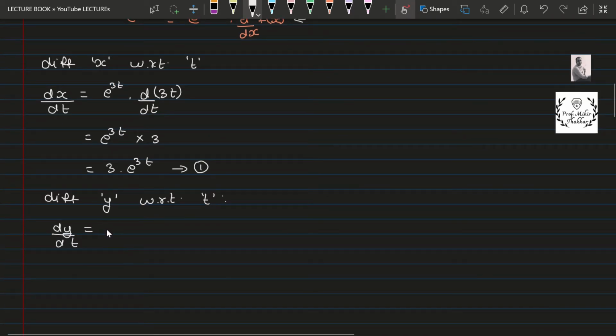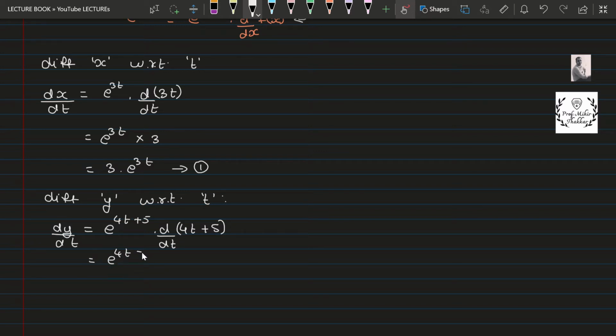So I will write e raised to 4t plus 5 multiplied by derivative of 4t plus 5. So this e raised to 4t plus 5 is as it is, and derivative of 4 into t is 4 into 1, derivative of 5 is 0, so you just get 4. So we get this is equal to 4e to the power 4t plus 5.